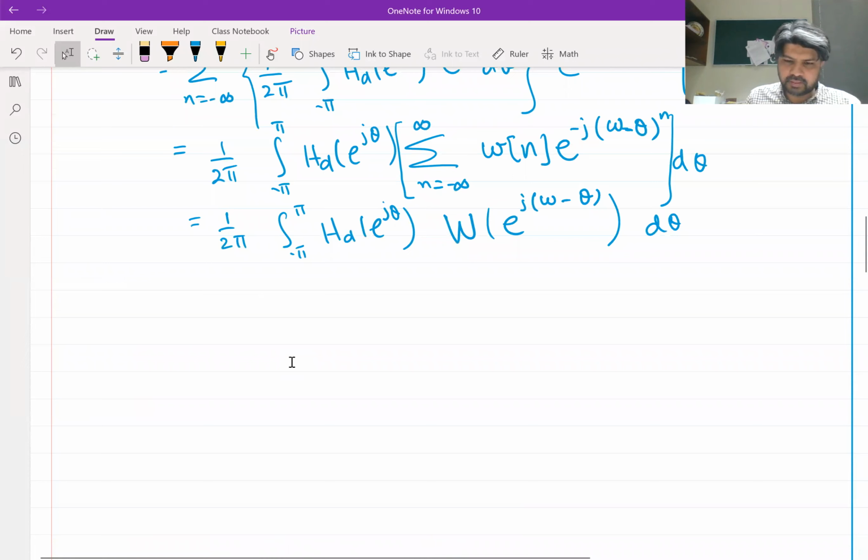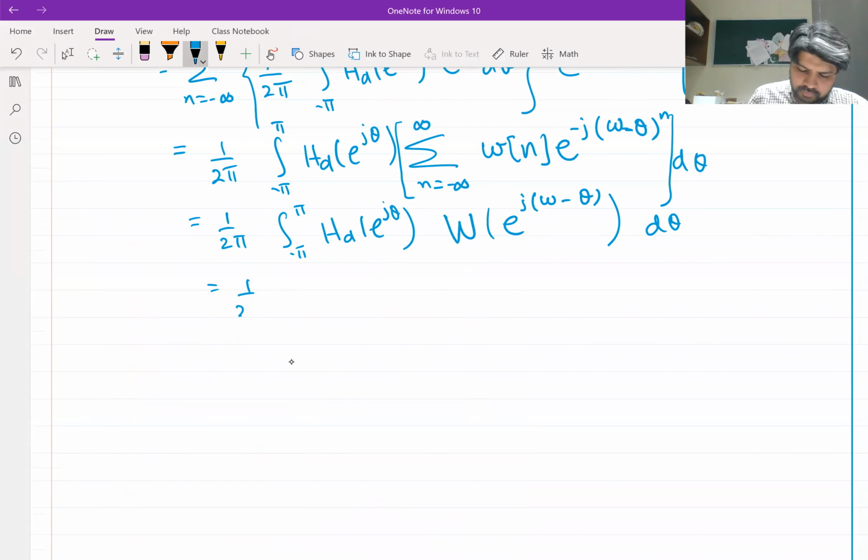And hence we can write it as 1 over 2 pi integral from minus pi to plus pi. This is nothing but periodic convolution if you look.